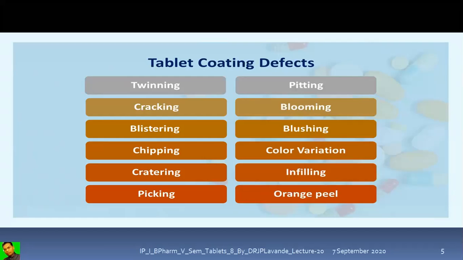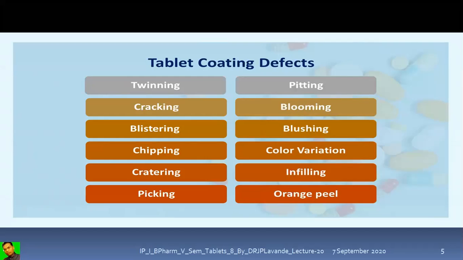Sugar coating consists of 5 to 6 different sub steps: sealing, subcoating, then smoothing, then polishing, then coloring, then printing. So all these are the steps.